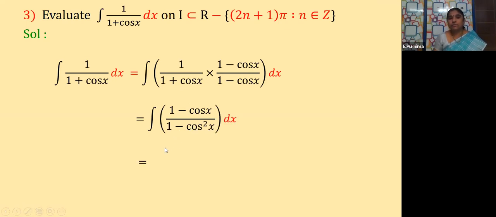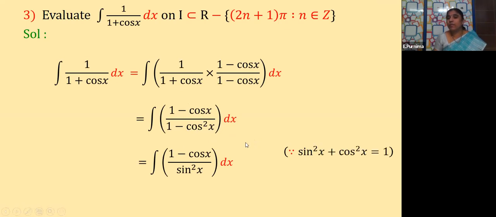Now 1 minus cos square x is nothing but sin square x. How did you get this formula? Using our trigonometric identity: sin square x plus cos square x is equal to 1. So from this we got this formula.